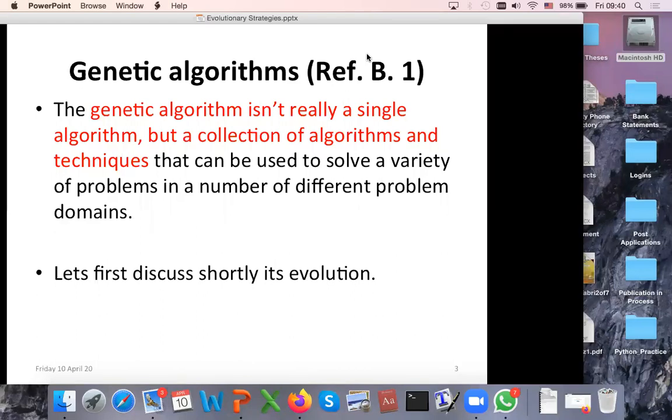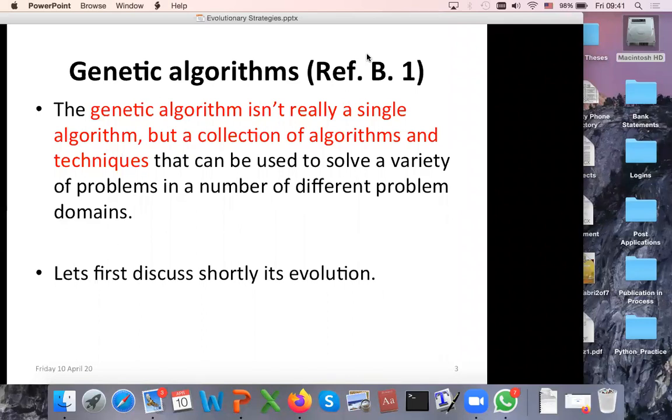We can use this genetic algorithm to solve different problems in different fields. The only thing we have to take care of is how we can fit this genetic algorithm to our problem.